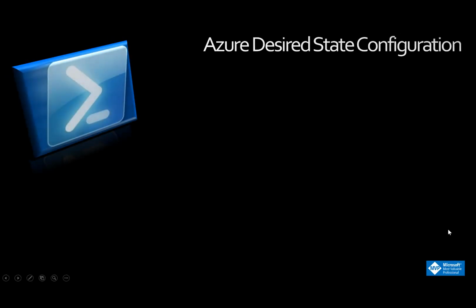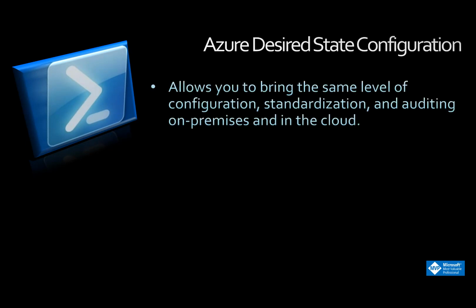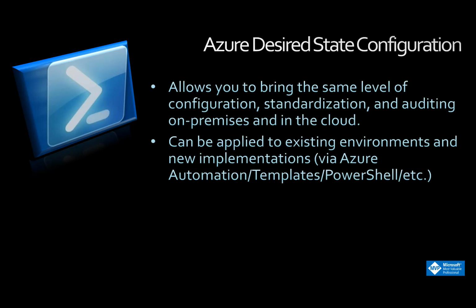To talk a little bit about Azure Desired State Configuration, what exactly does it give you? Well, first off, it allows you to bring the same level of configuration, standardization, and auditing that you normally have on premises into the cloud. It can be applied to existing environments as well as new implementations.